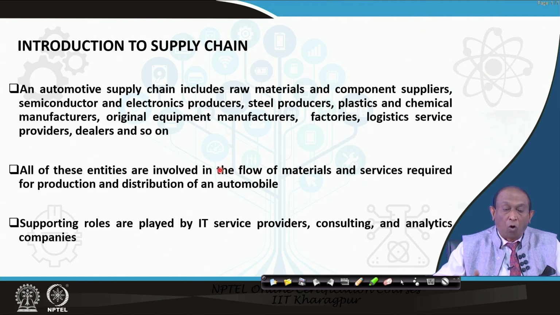So, you see all these entities are involved in the flow of materials and services required for production and distribution of an automobile. And in case of an automotive supply chain, the supporting roles are played by IT service providers, consulting and analytics companies.